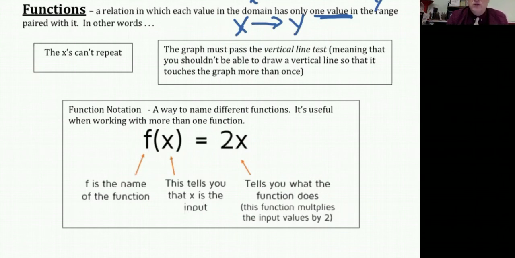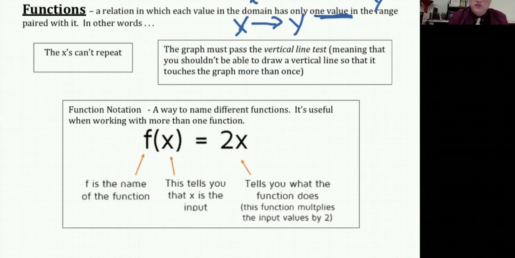A function, by definition, has for each input, for each x, you only have one y coordinate that it corresponds to. So when you graph such a thing, it talks here about the vertical line test.